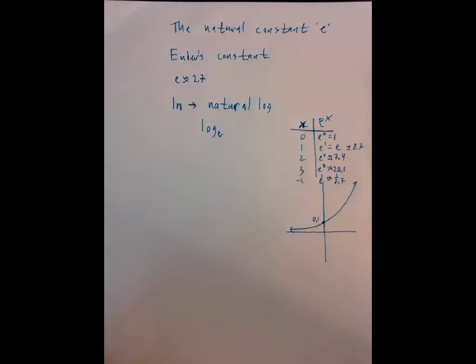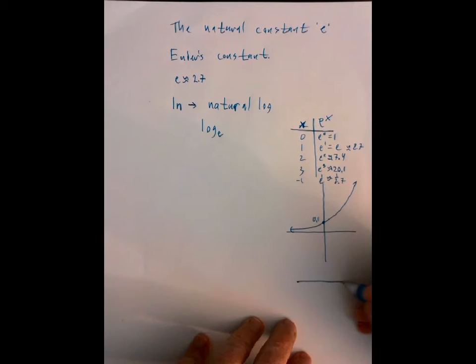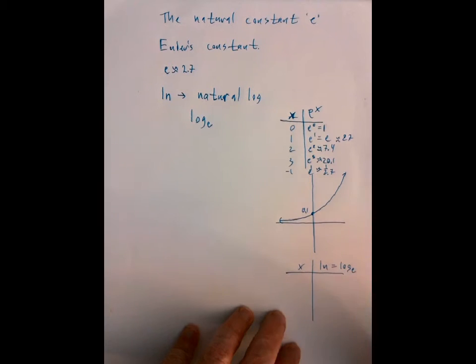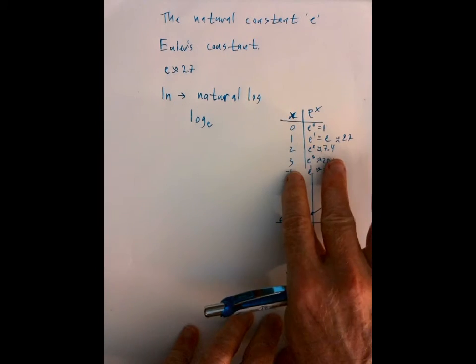And now, of course, ln, which remember is shorthand for log base e, is this flipped around.